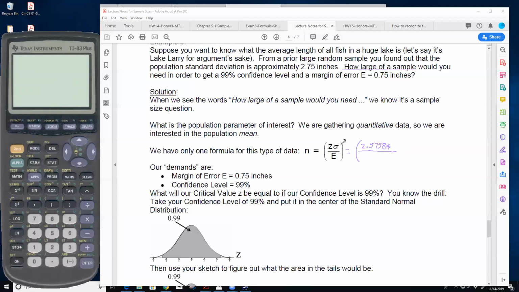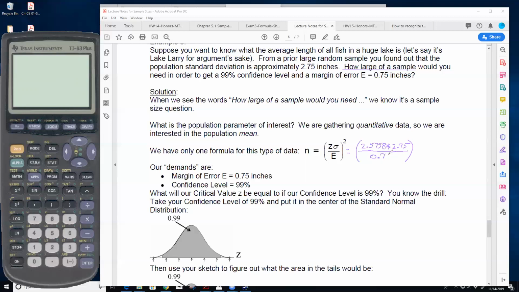Our population standard deviation is being estimated with this approximate value of 2.75. And it's being divided by the margin of error E. Now, we're in quantitative data, so this will be in whatever units you're measuring, which is 0.75.